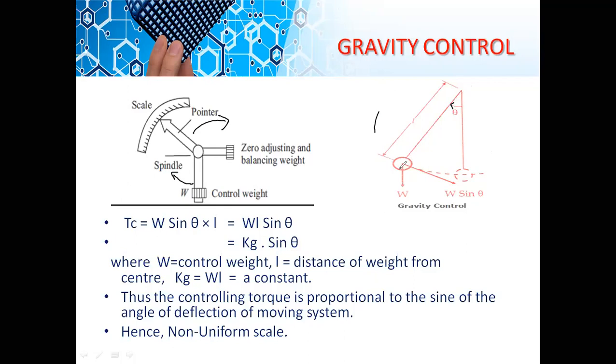Here W is the weight force which is applied in the downward direction. Deflection torque is in the direction shown here, clockwise. Now what force is trying to exactly oppose this deflecting torque? Let us see.